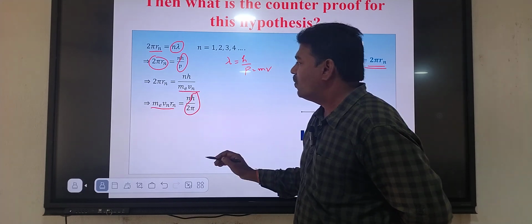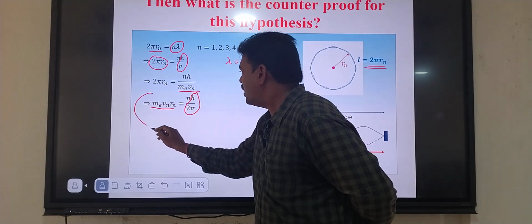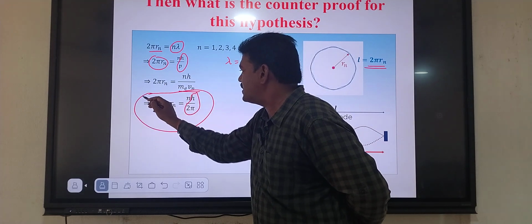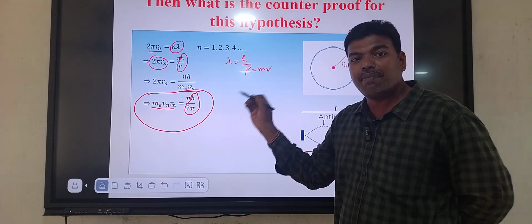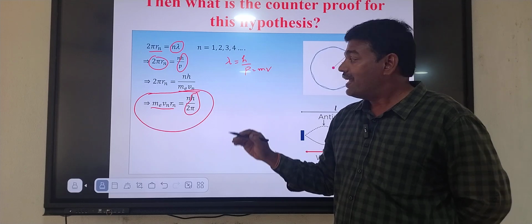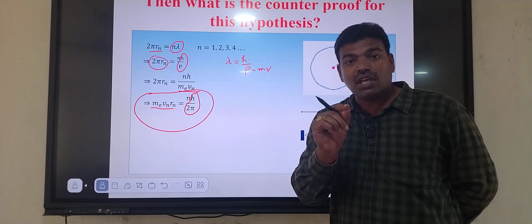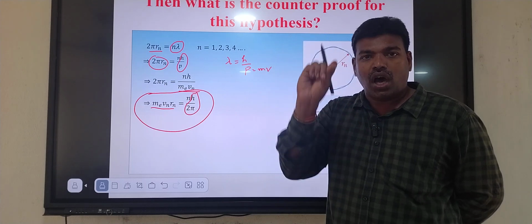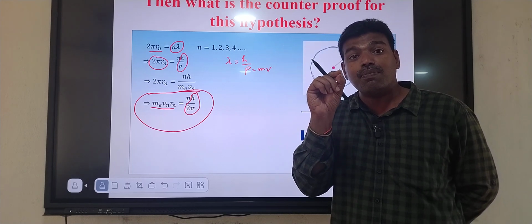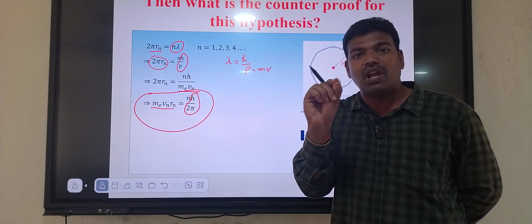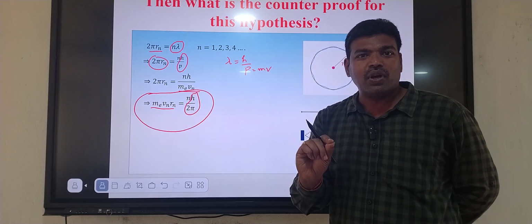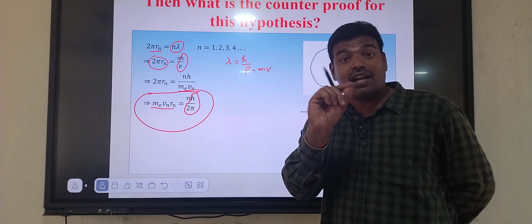Now can you recognize this equation? This is the equation which is given by Bohr. That tells that electrons revolve only in those orbits whose angular momentum is an integral multiple of h by 2 pi.